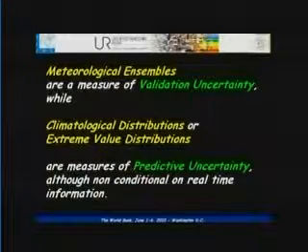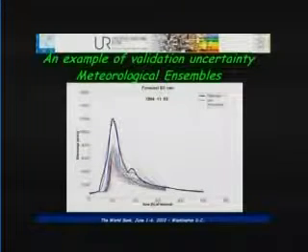These are not elements of predictive uncertainty. While climatological distribution and extreme values distribution, these are actually predictive uncertainty, although they are not conditional on the last or the latest measurement. This is an example of meteorological ensembles generated by the European Centre.